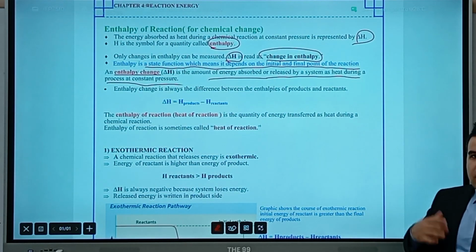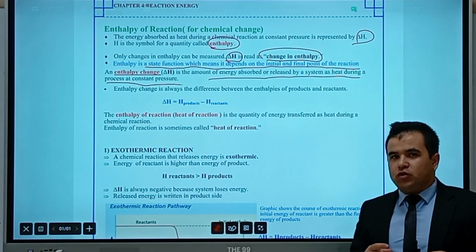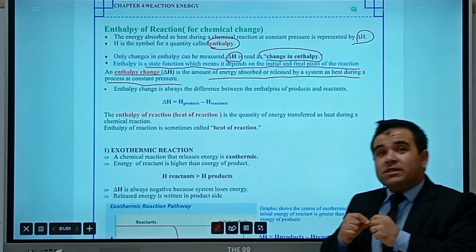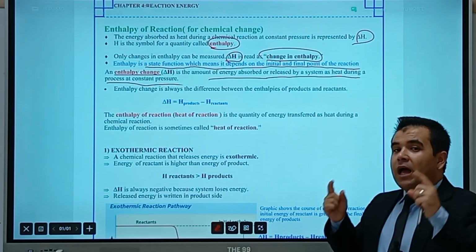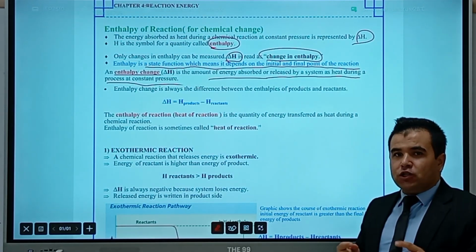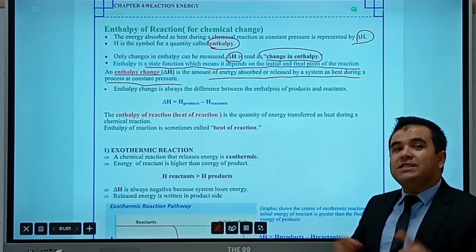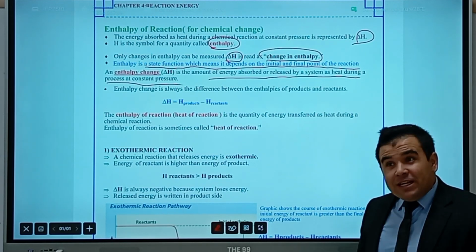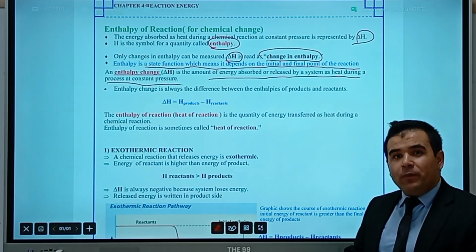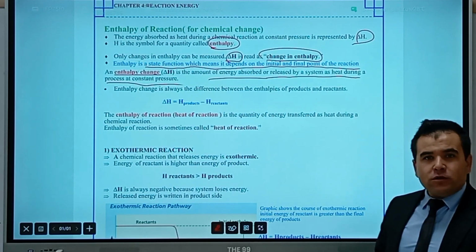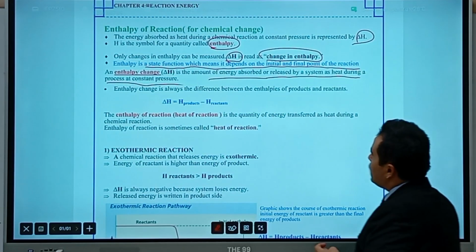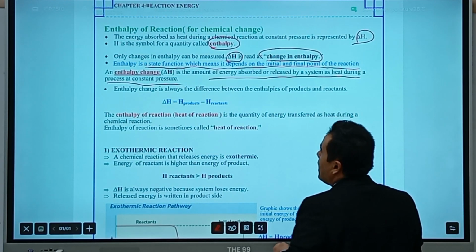We measure the enthalpy at constant pressure. And this is the enthalpy of reaction, enthalpy change. It is the amount of heat which is released (exo) or absorbed during a process at constant pressure.